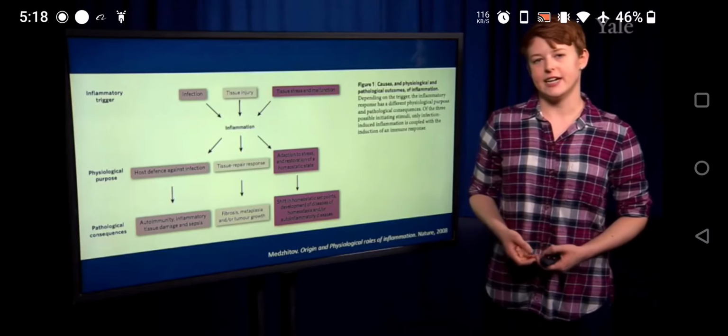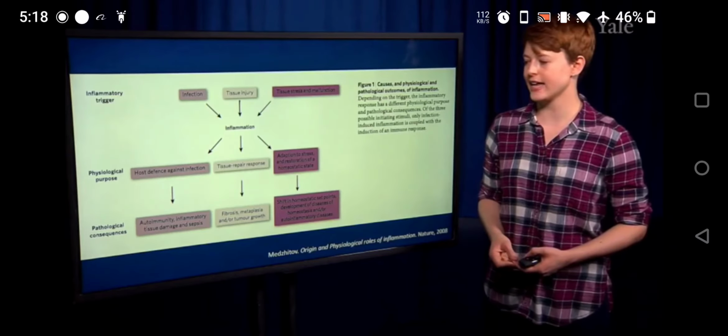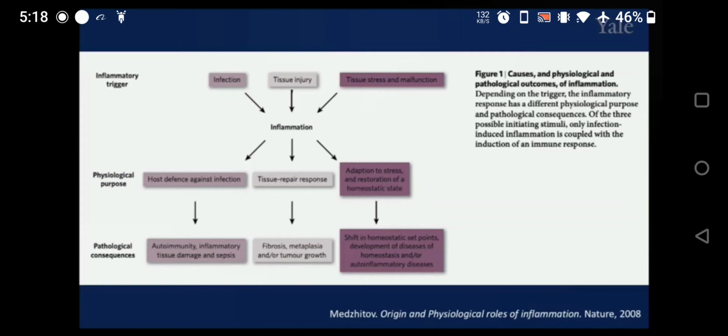So I mentioned there are a couple different instigators of inflammation, and all of these each lead to a different physiological response and can have different pathologic outcomes when the homeostasis of this system is not maintained. So here we have some examples of infection, tissue injury, and tissue stress.